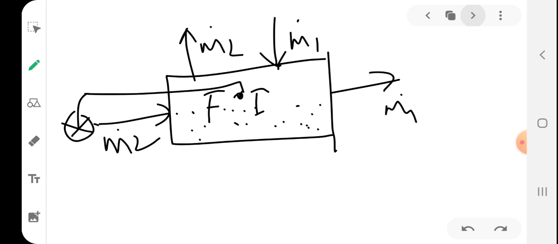Here it will be H3, here it will be H4, this will be H9, and this will be H8. So I can write that heat taken by the intercooler is equal to heat given by the flash intercooler.